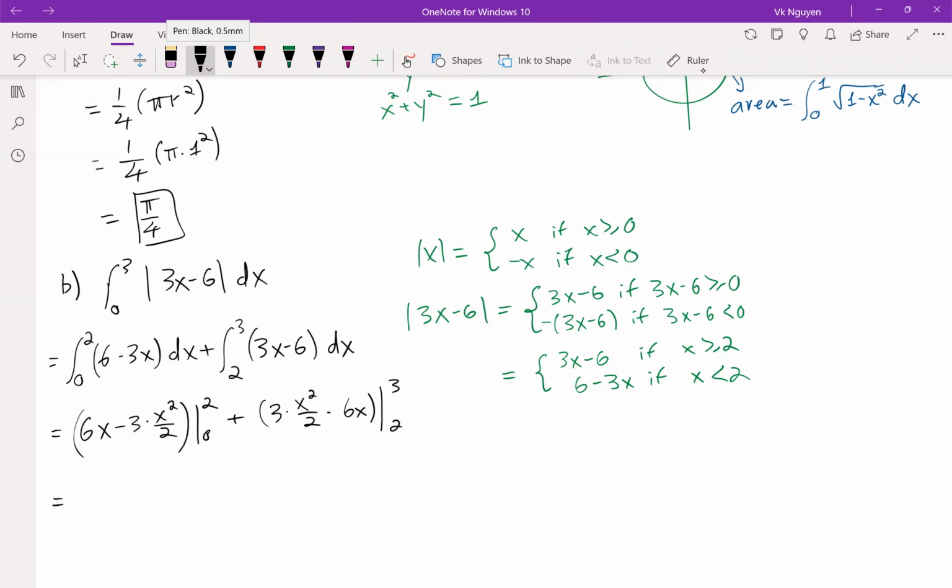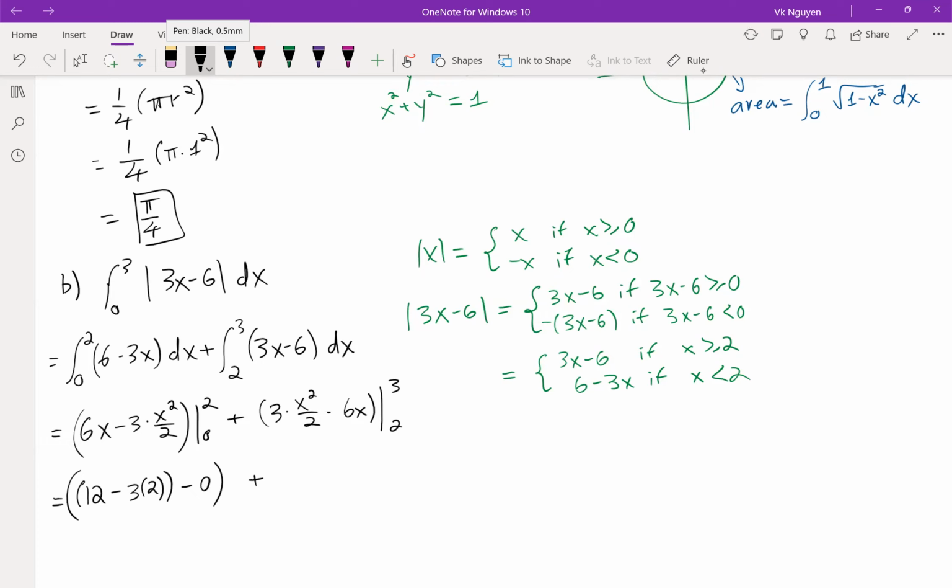Plug in the 2, then we have 12 minus 3 times 2. When we plug in 0, we get 0. On the other side, plug in 3.